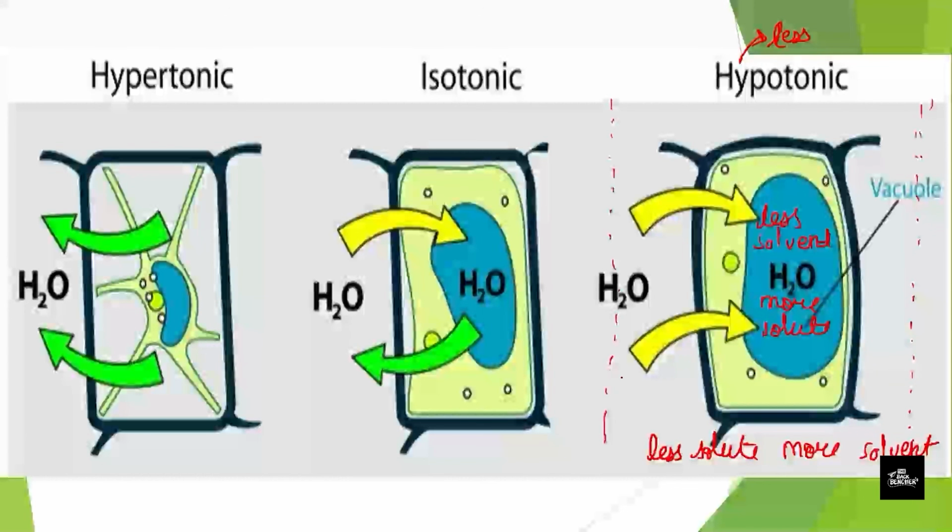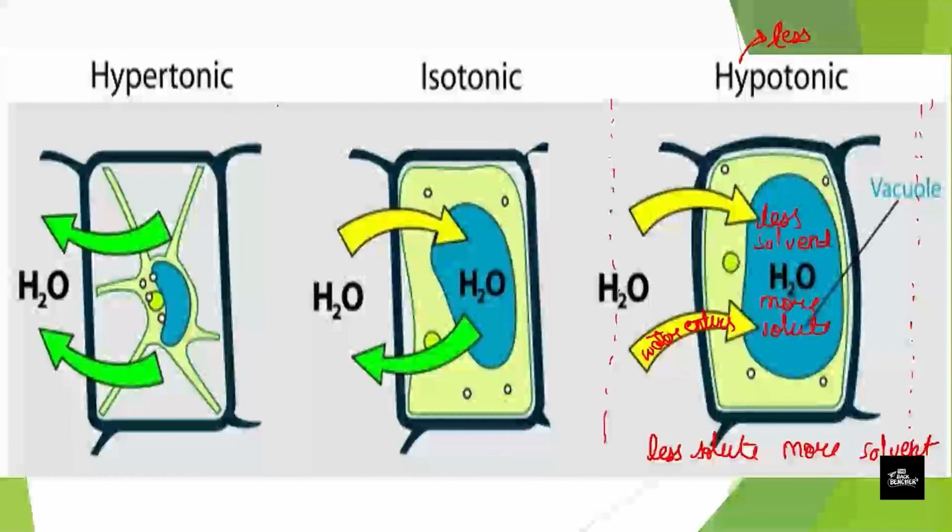Therefore, water is going to enter into the cell from the surroundings. This is water entering into the cell from the surrounding. This is known as hypotonic solution. So when the surrounding of the cell consists of more solvent and less solute, then water enters from the surrounding into the cell. That is the concept of hypotonic solution.